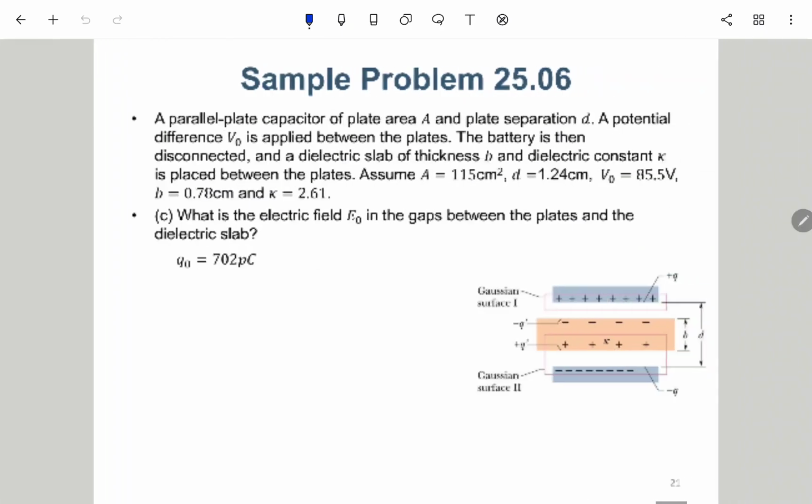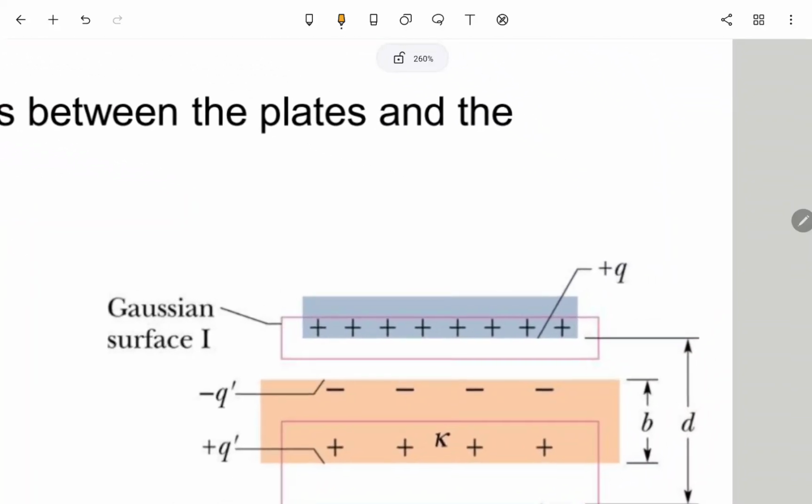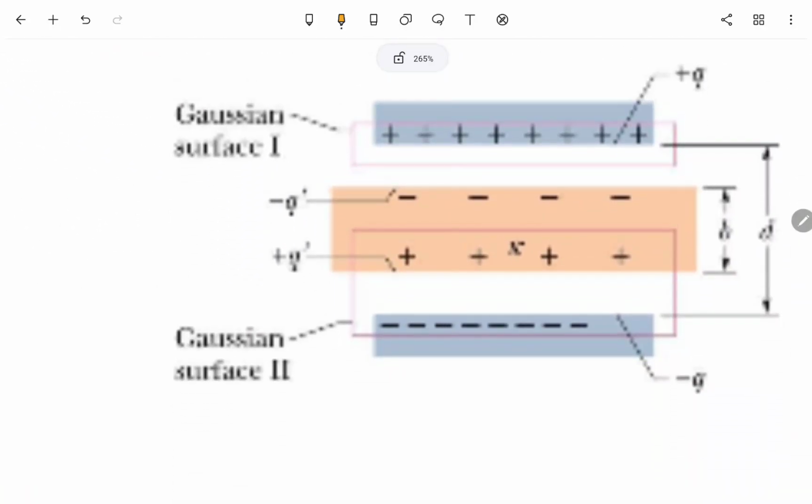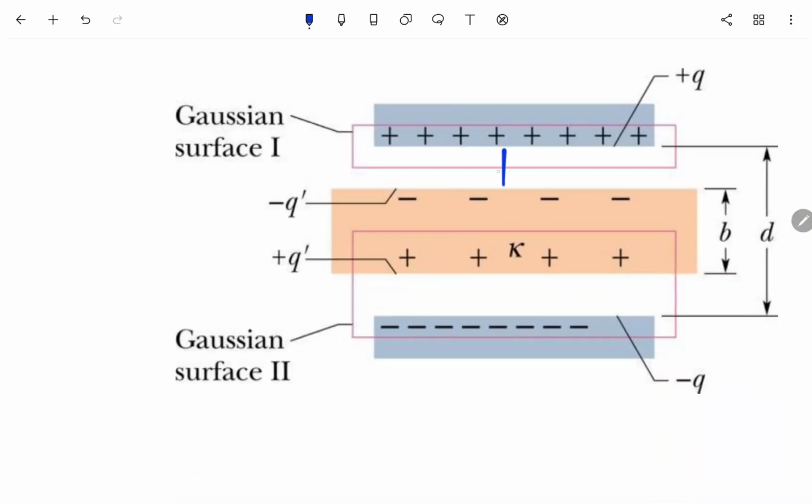The more difficult part comes here. For question C, it asks what is the E field E0 in the gap between the plate and the dielectric slab. What it really means is that the parallel plate should generate some E field, E0 here, the external E field.